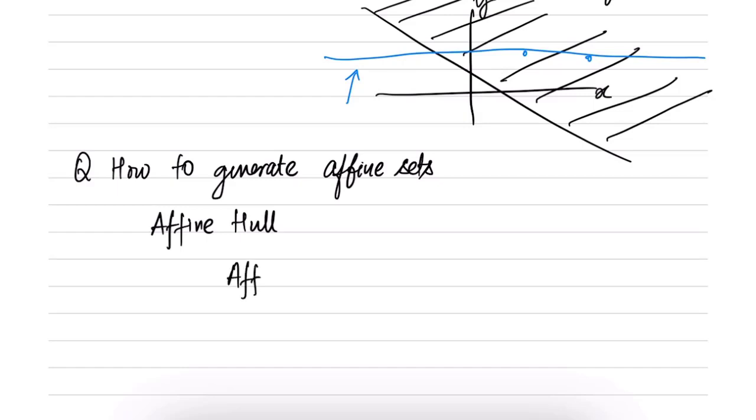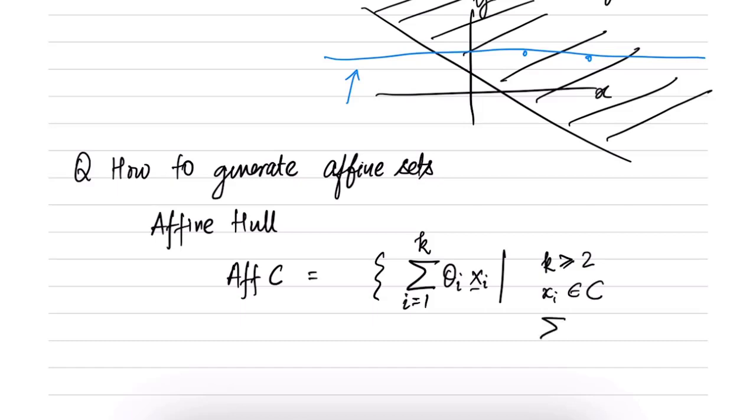We call it affine hull of a set C, which is given by the summation from i equal to 1 to k of theta i xi, subject to k greater than or equal to 2, xi belongs to C and summation theta i is equal to 1. Otherwise theta is a real number. All the thetas are reals, right? So this is the definition of an affine hull.